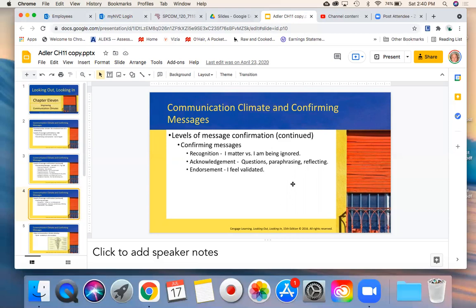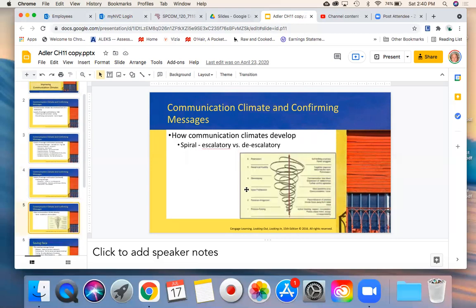And endorsement means I feel validated. The problem is that communication climates develop and they can either spiral and escalate, or spiral and de-escalate, or both. They can go all the way up and come all the way back down. I'm going to leave that concept of conflict spirals for you in your book.